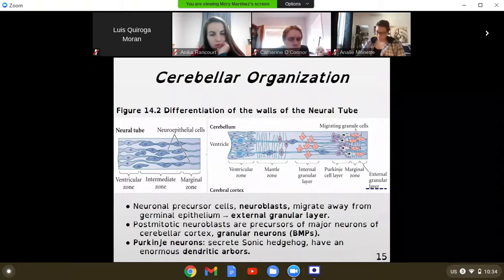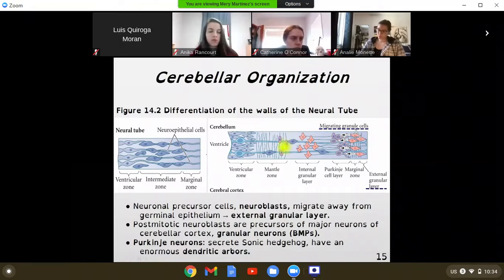The inner compartment of the external granular layer contains neural progenitors. Some cells are going to start migrating towards this section. They start proliferating and get in contact with cells that secrete, here we go, BMPs.